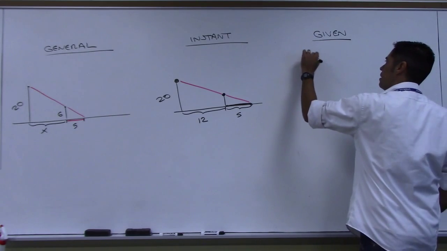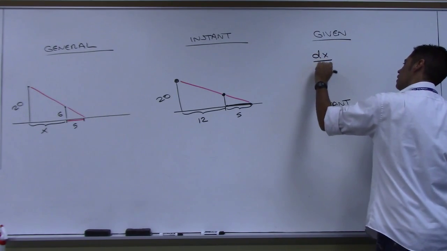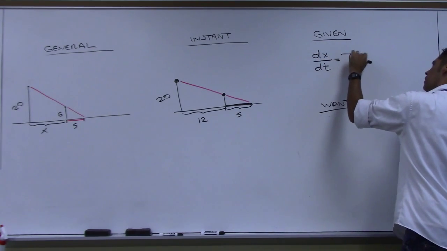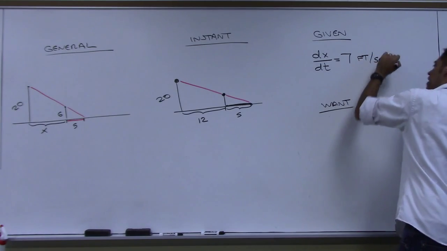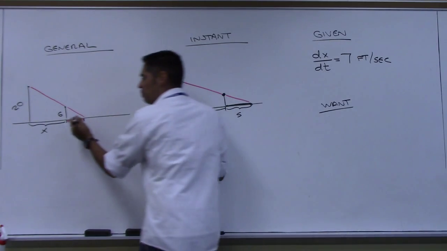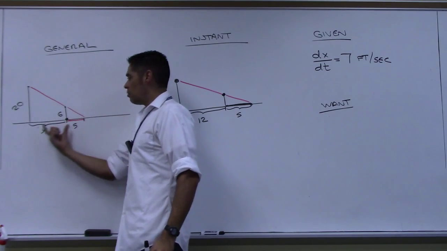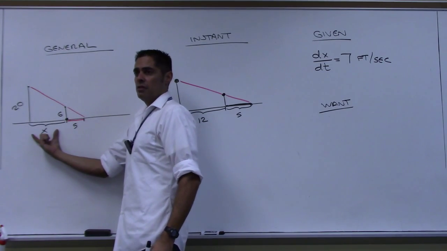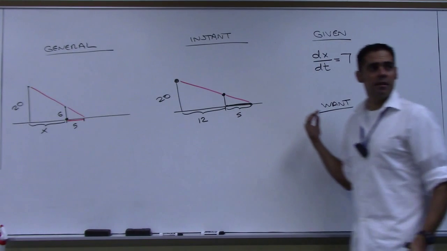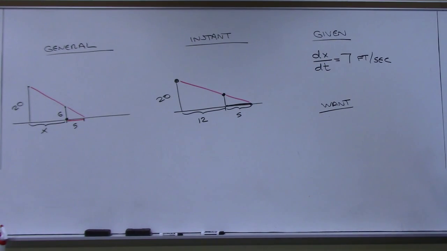I'm given the speed the man is moving. The speed the man is moving is the speed that this point on the ground is moving in this direction, which would be the rate that x is changing. So I'm given dx/dt. Following? What do I want?